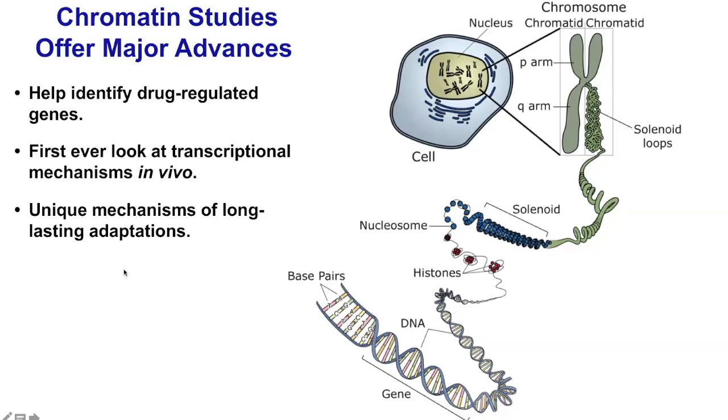And by analogy with mechanisms of development and cancer biology, where some types of mechanisms governing the opening and closing of chromatin, once they occur, are permanent, our hypothesis was that perhaps drugs of abuse induce similar semi-permanent changes in chromatin structure that drive some of the long-lasting features of drug addiction that are seen behaviorally.